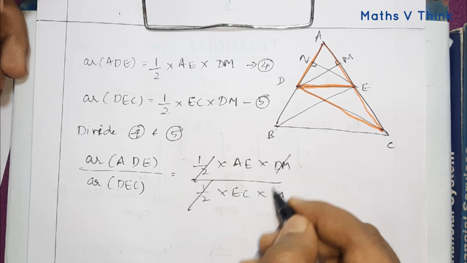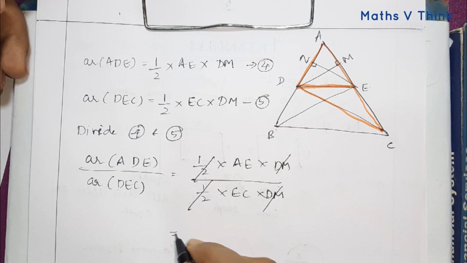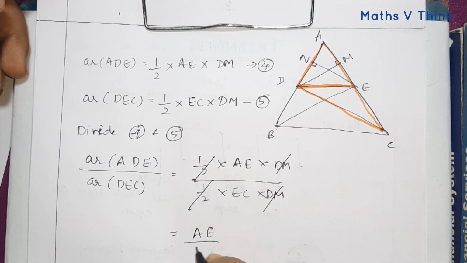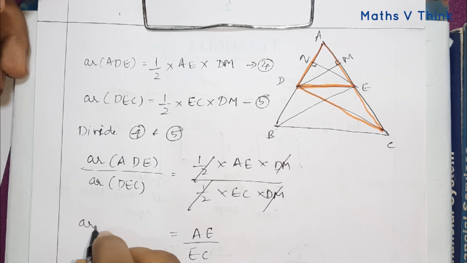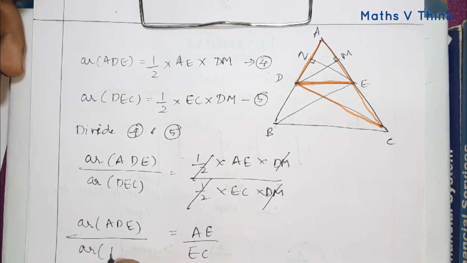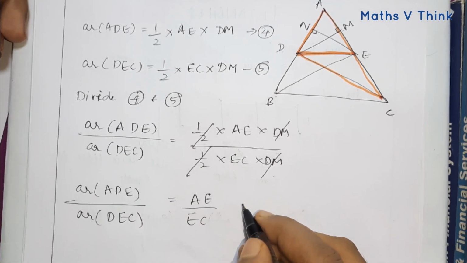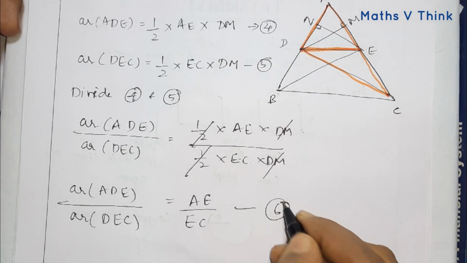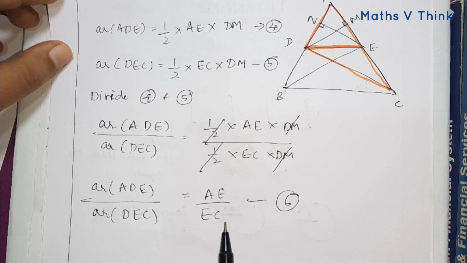Half gets cancelled, DM gets cancelled. So the remaining is AE by EC, that is area of ADE by area of DEC, which is the sixth equation. Now we got AE by EC.